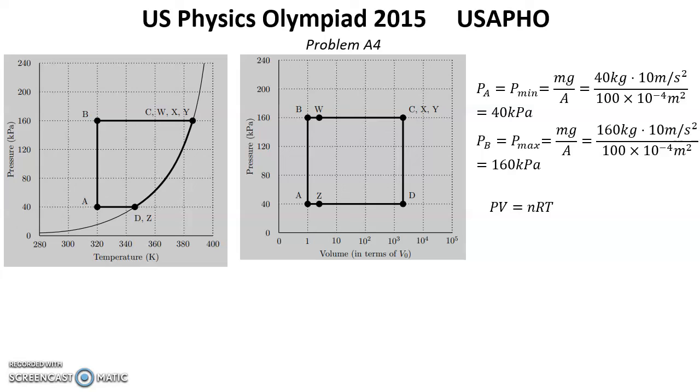Points X and Y must coincide with C on the PV diagram. Points W and Z must be at the correct pressure, but can be located in the V range 1 to 2 for full credit, but 2 to 5 for partial credit.